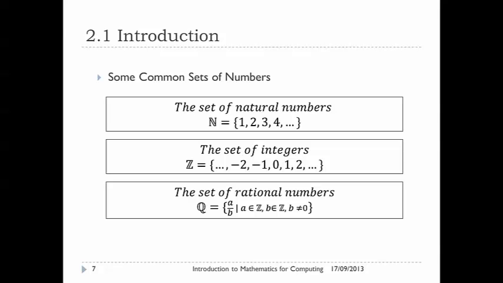Now there are many sets that we will encounter, but some of the sets that we will typically encounter have to do with numbers. And we have different types of numbers that we will consider. So the first set that we probably encounter growing up is the set of natural numbers. Now these are also called a set of counting numbers.